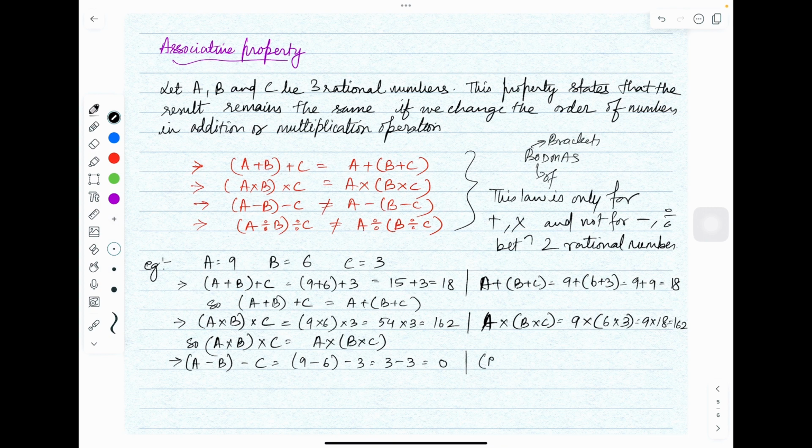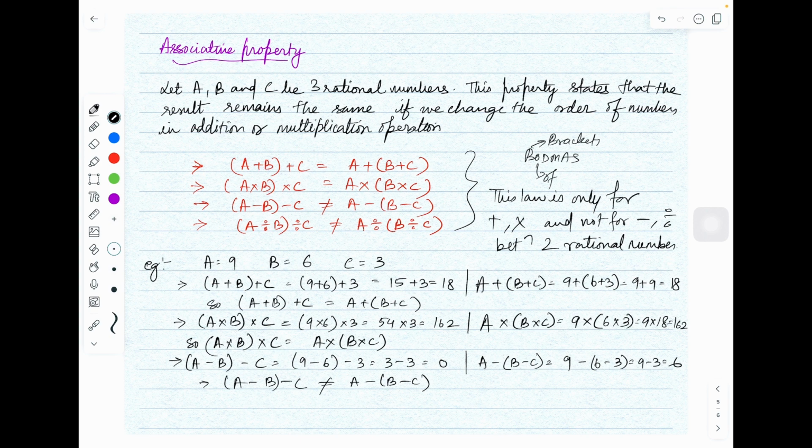But now a − (b − c). What is a? A is 9, b is 6, c is 3. So 6 minus 3 is 3, and 9 minus 3 equals 6. Understood? So we can write (a − b) − c is not equal to a − (b − c), this is coming 0, this is coming 6.